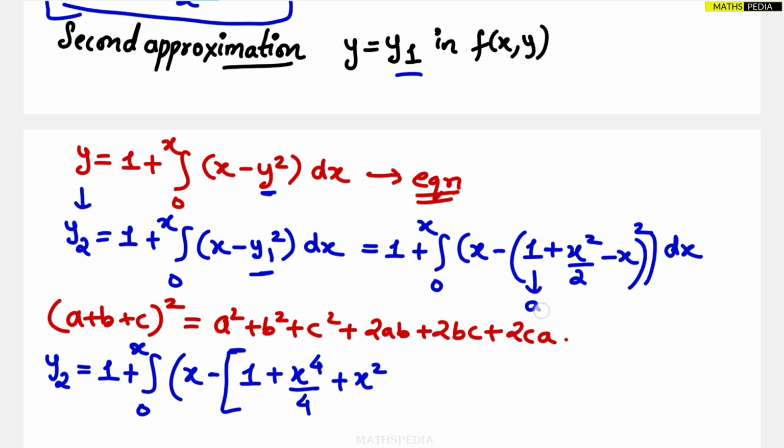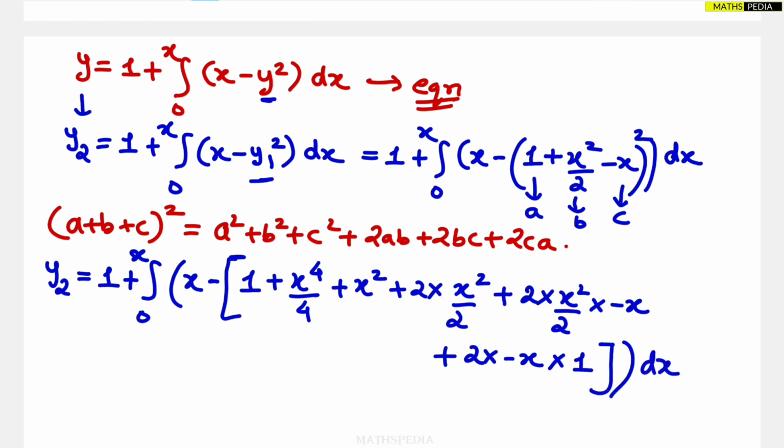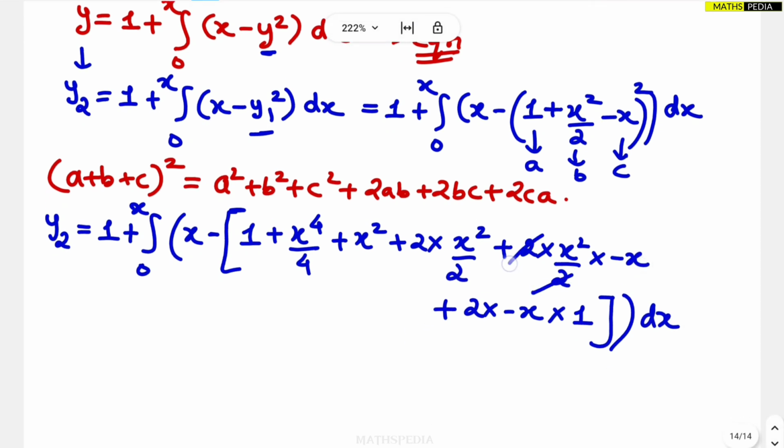So this is a, this is b, and this is c. Okay. So 2 into a into b, 2 into a is 1, into b is x square by 2, plus now 2bc. So 2 into b value is x square by 2, into c value is minus x, plus 2ca, 2 into c value is minus x, into a value is 1. So this part is done, dx you have to write. Now 2 and 2 gone, 2 and 2 gone. So what is the final answer you are getting?